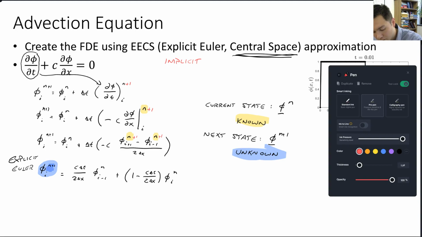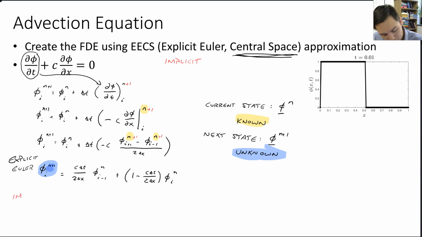For our implicit Euler equation, we're going to have an interesting combination of unknowns. We're going to have phi I n plus 1 is equal to phi I n minus c times delta t over 2 delta x times phi I plus 1 n plus 1 plus c delta t over 2 delta x times phi I minus 1 n plus 1.